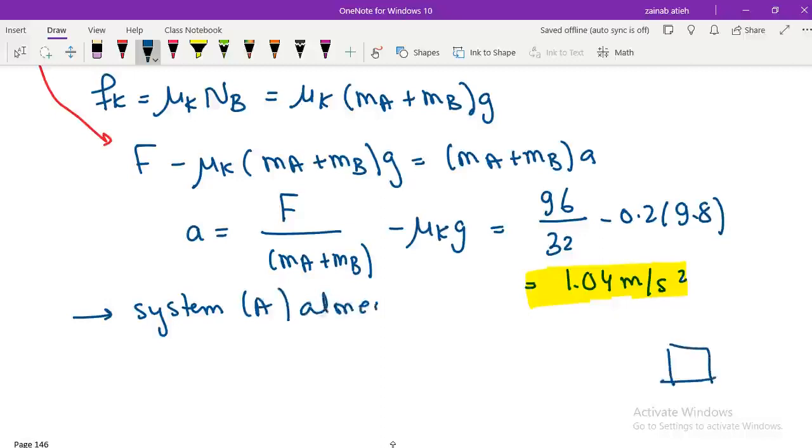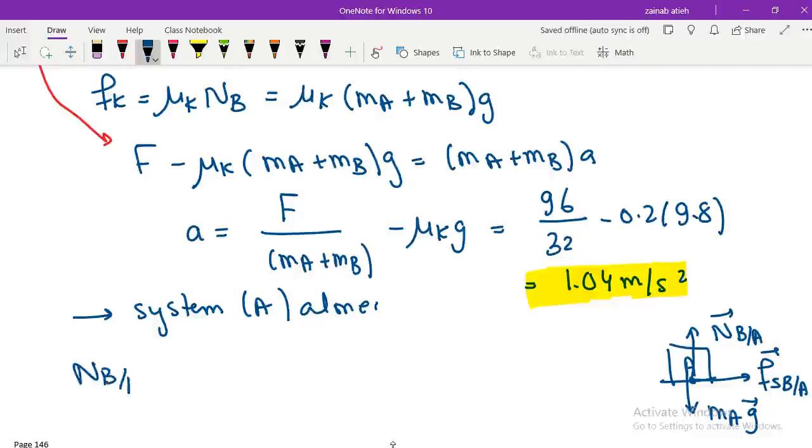So I take system A. Don't forget I'm pushing B. Since I'm pushing B, A wants to fall backward, so the friction is in this case FS forward, exerted by B on A. The normal is upward, because B is carrying A, exerted by B on A. Then I have the weight of A, downward, MAG. There are no other forces; I'm not pushing A at all. So these are the forces on A: NB over A plus FS B over A plus MAG equals MAA vector.